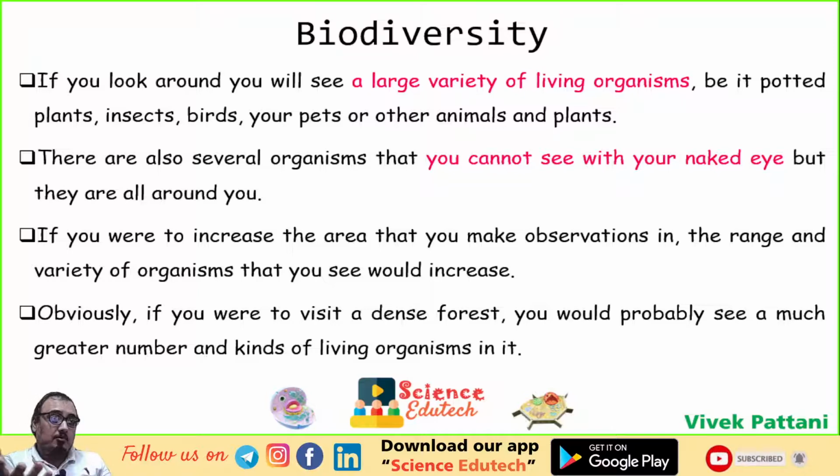It may be different types of birds such as sparrows, pigeons, crows, etc. Insects, a variety of insects, starting with cockroaches, bees, etc., and pets like cats, dogs, etc. There are also several organisms that you cannot see with your naked eyes, but they are still around you. Microbes, bacteria, you cannot see which bacteria are present in your area without the help of particular instrumentation.